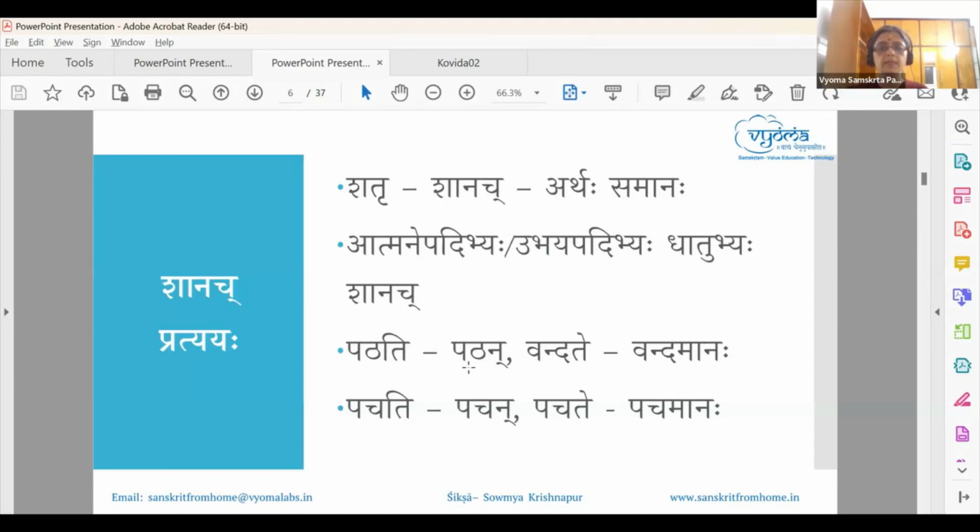In Pullinga it is pathan, isn't it? The one who is reading. Vandate, vandamanaha, the one who is worshipping or bowing down. Pachati, pachan, the one who is cooking. Pach is an Ubhayapadi Dhatu, so pachate is also there. Pachate, pachamanaha.